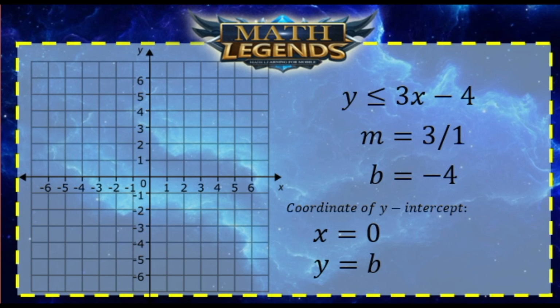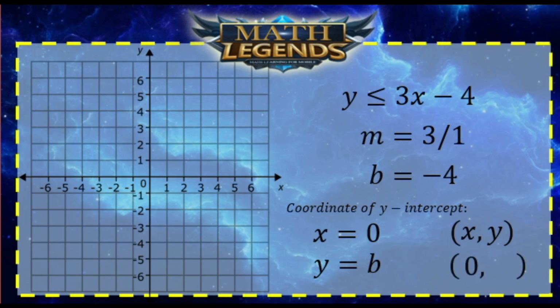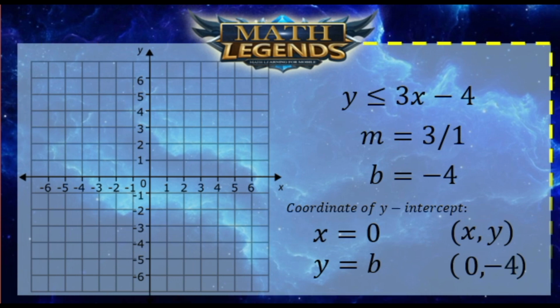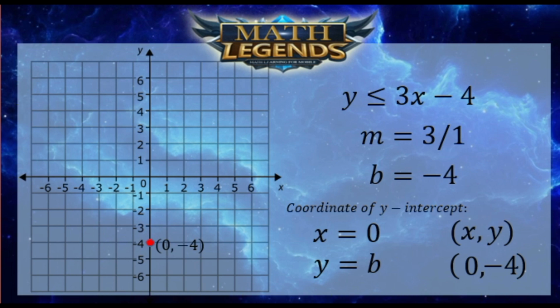And in our ordered pairs x and y, we could have x that is equal to 0 and y that is equal to b, wherein b is equivalent to negative 4. So let us plot the point 0 and negative 4 on our Cartesian plane. And let us label it as 0 and negative 4.